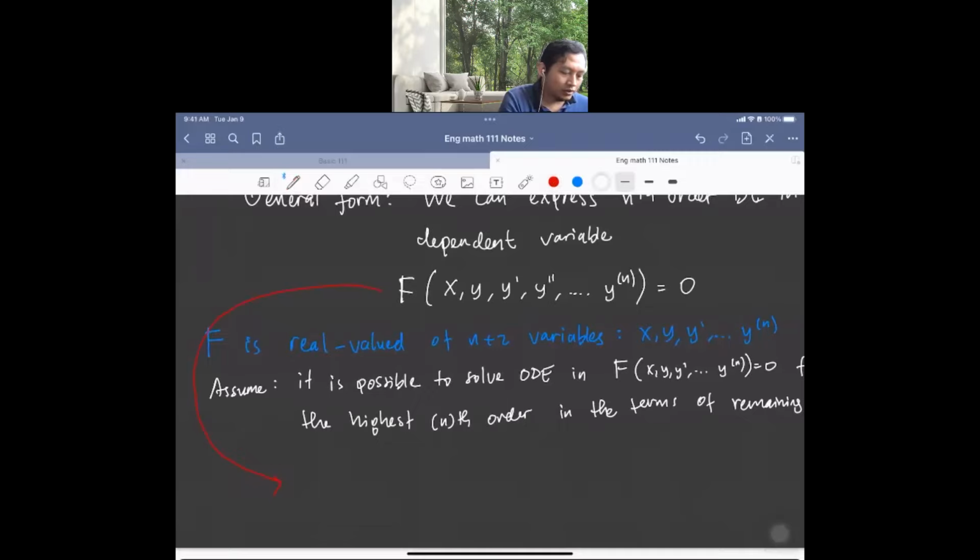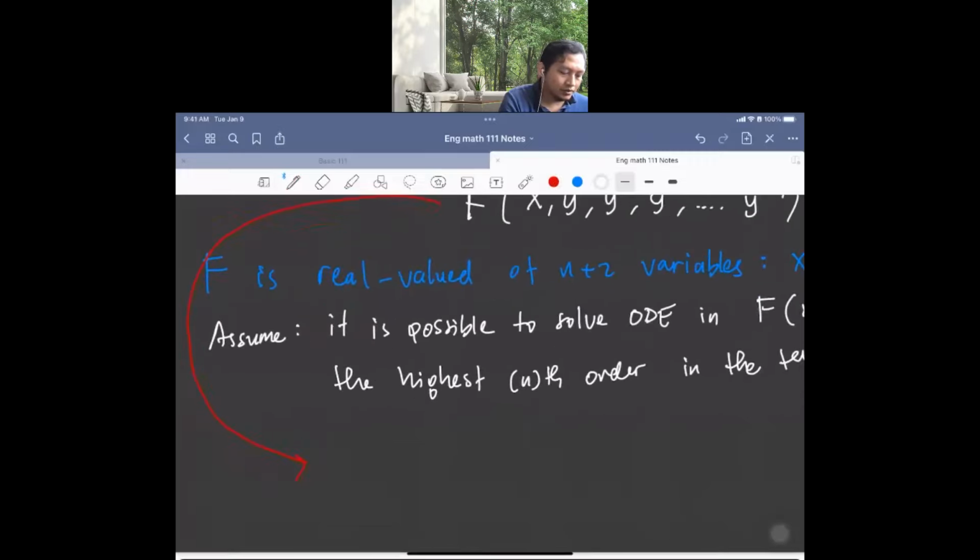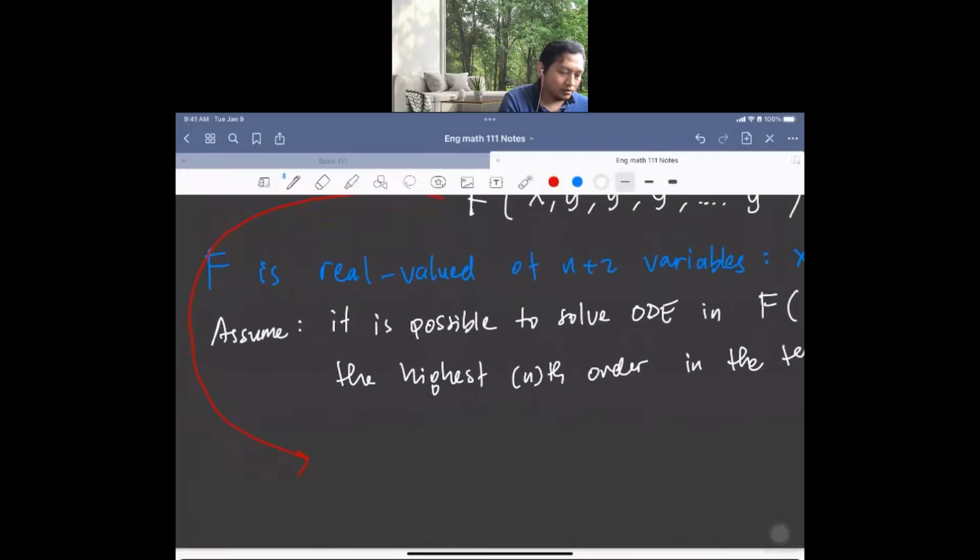What this means is we can reduce one term.